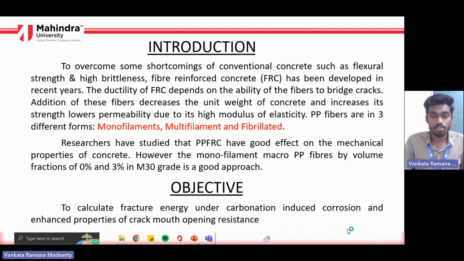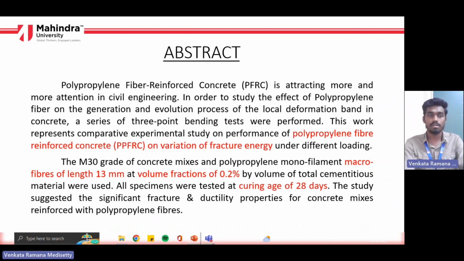So my objective is to calculate the fracture energy and mouth opening of crack using beams cast with polypropylene fiber reinforced concrete. And the abstract goes like this. In the past, polypropylene fibers haven't gained much importance, but in recent years they have gained so much importance and applicability due to their enhanced properties shown in concrete.